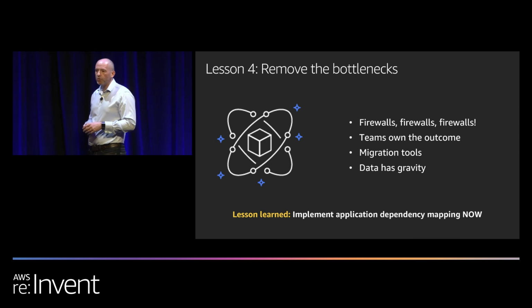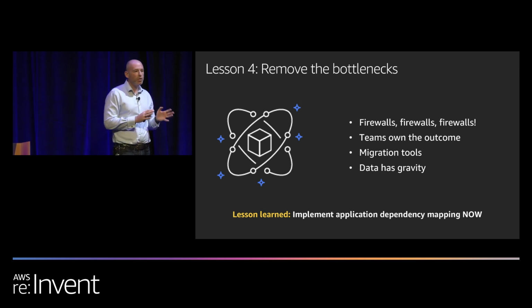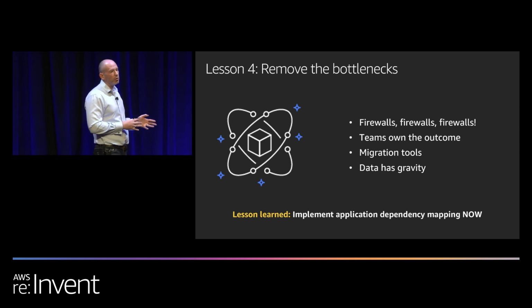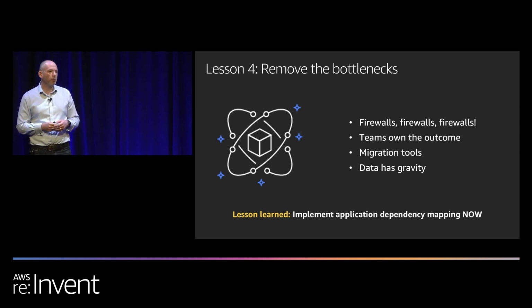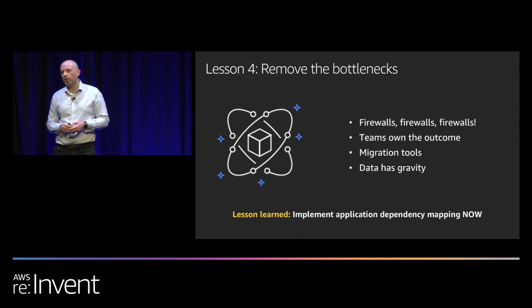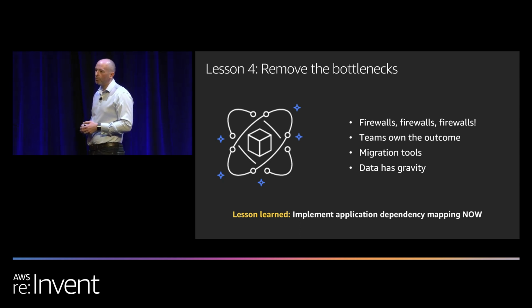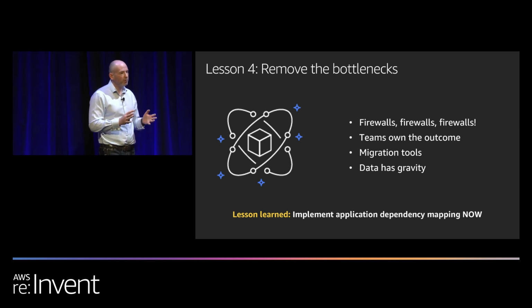We also had to support migration tools in the environment. So this was an interesting one for us. Initially, we focused on replatforming, but we also started to introduce the tools that Carmen was talking about earlier. A specific example of that is CloudEndure. Now that was an interesting conversation with our security team, because that tool essentially gives you the ability to exfiltrate data out of your organization.